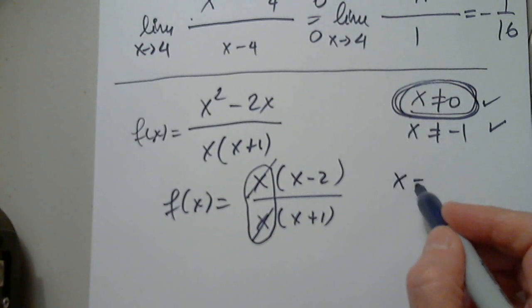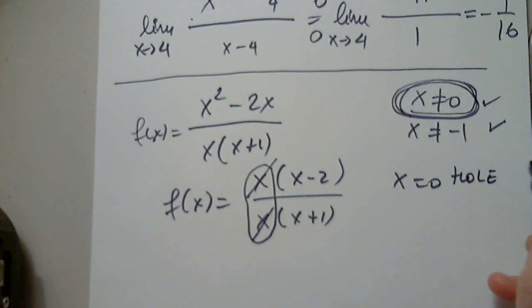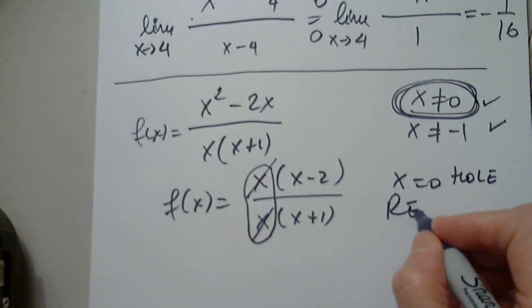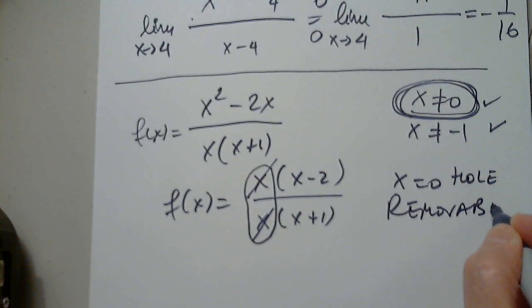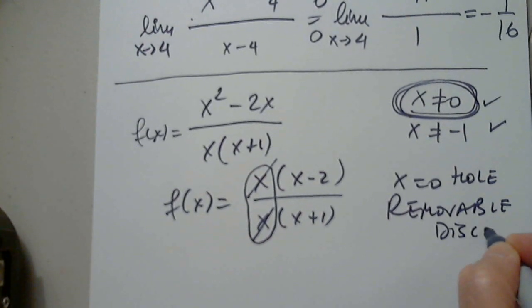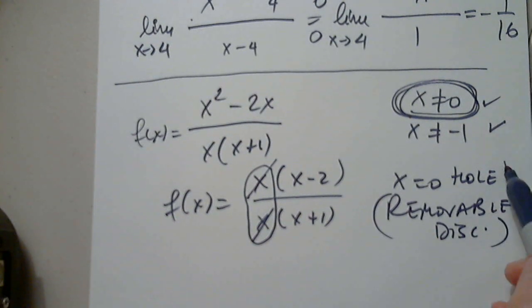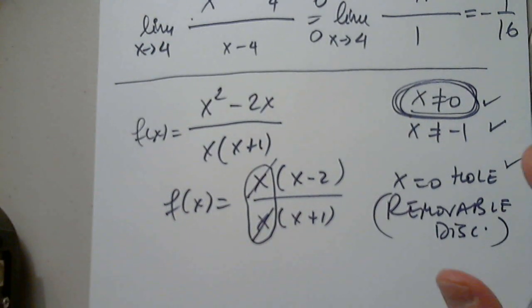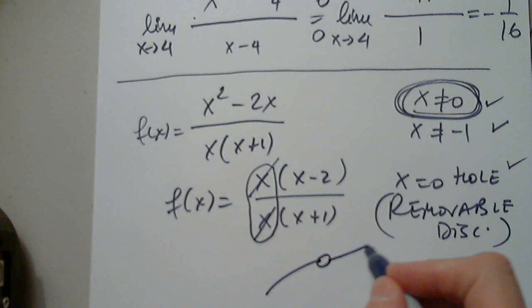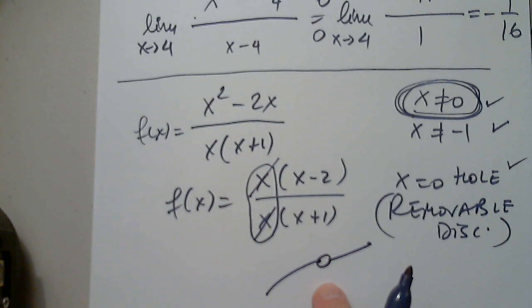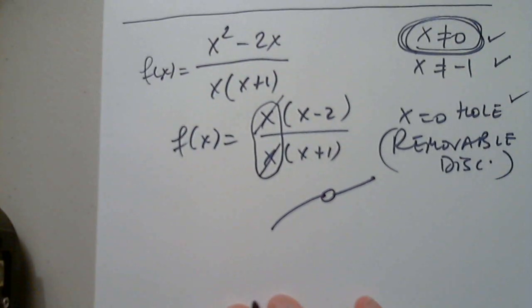So therefore, x equals 0 will be a hole. In other words, a removable discontinuity, to be exact. But it's a hole in the graph. This is what we mean by a hole in the graph. Because that's what the removable discontinuity is. The limit from the left and the limit from the right are the same.